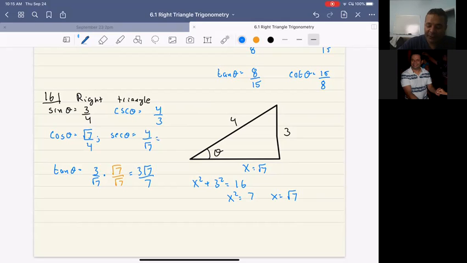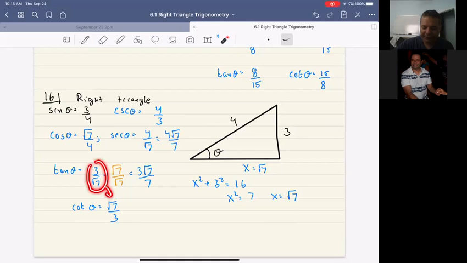Rationalizing it the same way we rationalize tangent, 4 root 7 over 7. And then cotangent of theta is just root 7 divided by 3. I just took the tangent expression and flipped it.